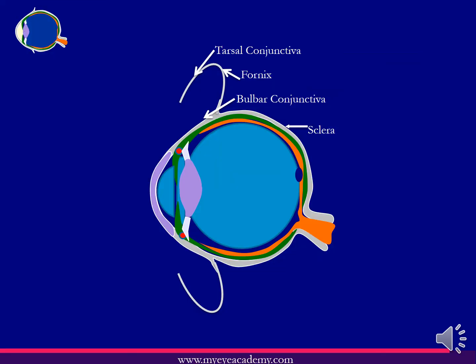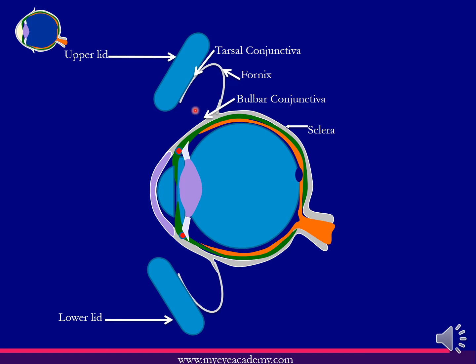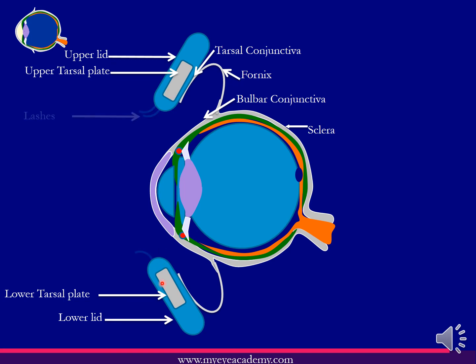In this slide, I will briefly discuss the anatomy of the eyelids, and I've represented the eyelids diagrammatically, upper lid and lower lid. Inside the lids is a fibrous structure which is called tarsal plate. In the upper lid it's called upper tarsal plate, and in the lower lid lower tarsal plate.